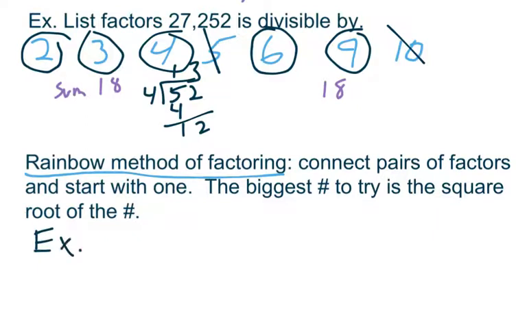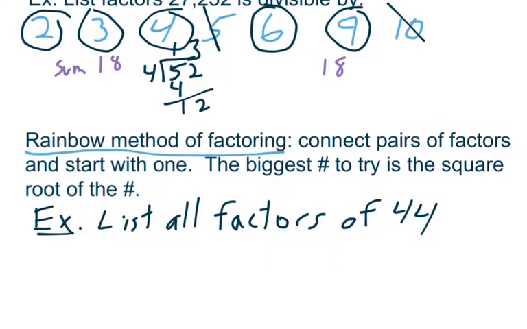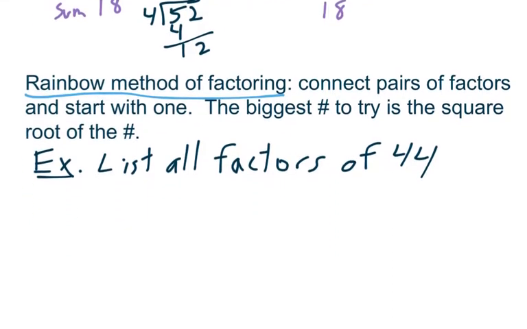So, for example, if it said list all factors of 44, we first need to start with 1. So 1 times what is 44? 44.